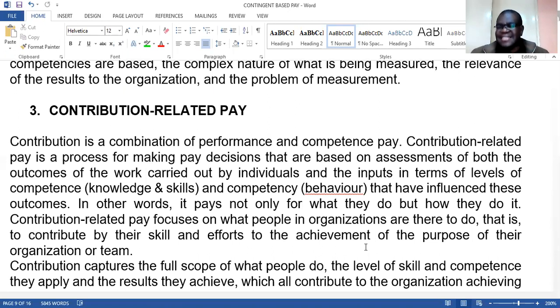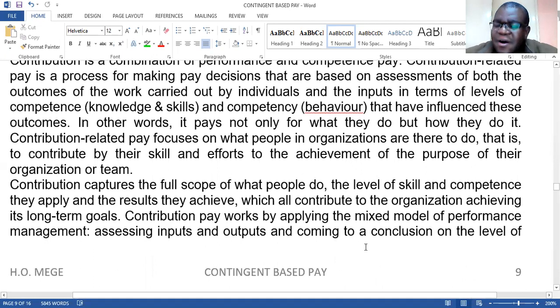What is the extent to which they use the behavior and the competence they have to uplift the other members of the team to perform and deliver? So contribution captures the full scope of what people do, the levels of skills and competence they have, which they apply into their work and contribute to achieving long-term goals of the entire organization.